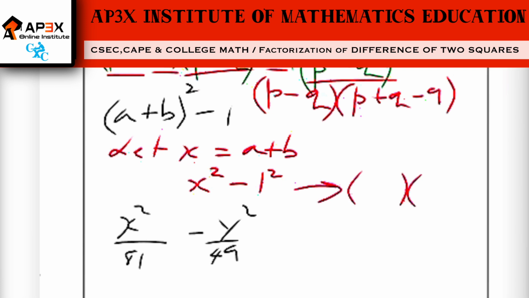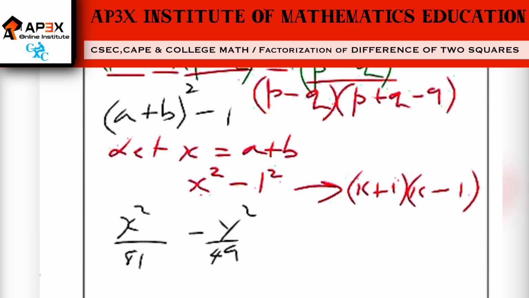Open two brackets, okay? X plus in one bracket, minus in the other, x here, 1 here, 1 here. So that would have been the answer if the expression was x squared minus 1 squared.